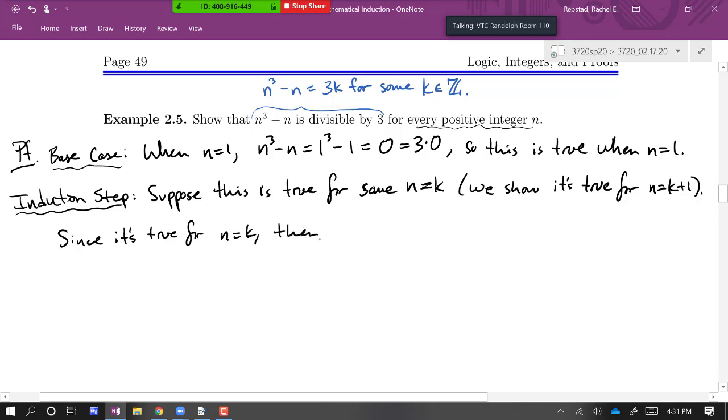So then that means that when n is k, this expression, k cubed minus k, is 3 times some integer, and I can't use k again because I'm already using it. So I'll say 3 times some integer m.